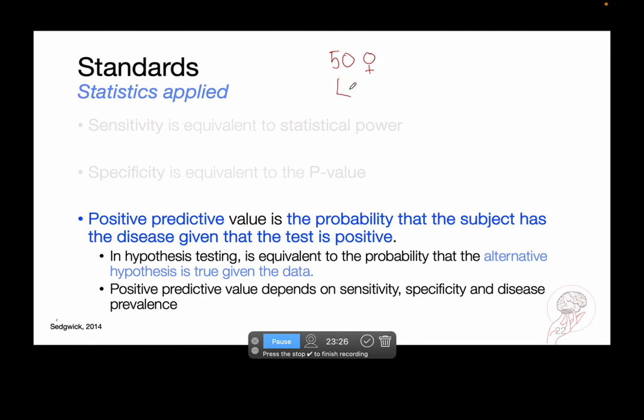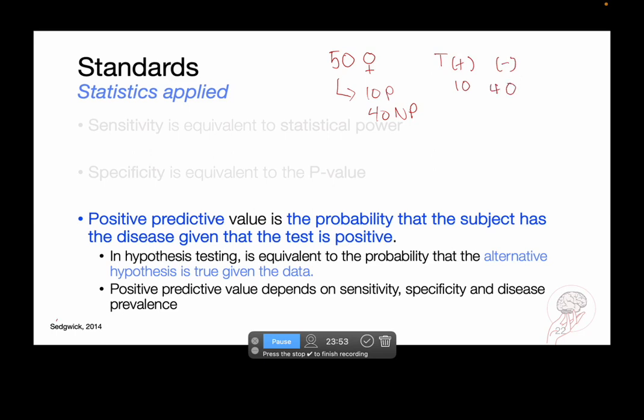We know that only 10 are pregnant, which means 40 are not pregnant. If we had perfect positive predictive value, the tests would show 10 people positive and 40 people negative.